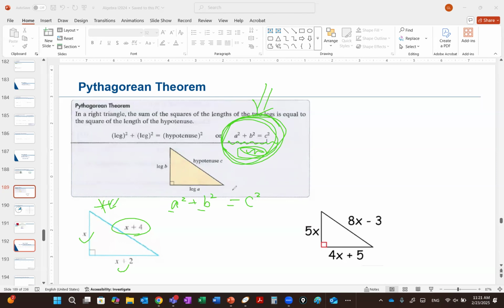So a equals x squared, right? B here is x plus 2 squared. And the hypotenuse is x plus 4 squared, right?